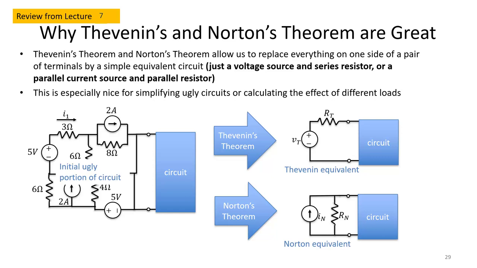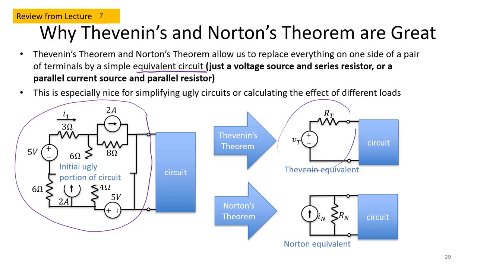All right, let's now continue on with Thevenin's and Norton's theorems. You'll remember from Lecture 6 that Thevenin's and Norton's theorems allow us to replace an ugly circuit that we don't like with a much simpler equivalent circuit. We can replace it with either a voltage source and series resistor, or a current source and parallel resistor.